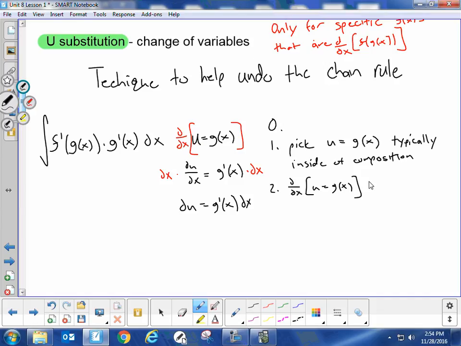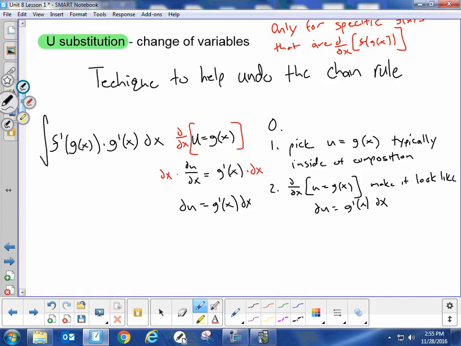So we're going to take the derivative, make it look like du equals g prime of x dx. Always. Okay, we want just du on the left side, and we want the right side to be the derivative of that inside times dx.